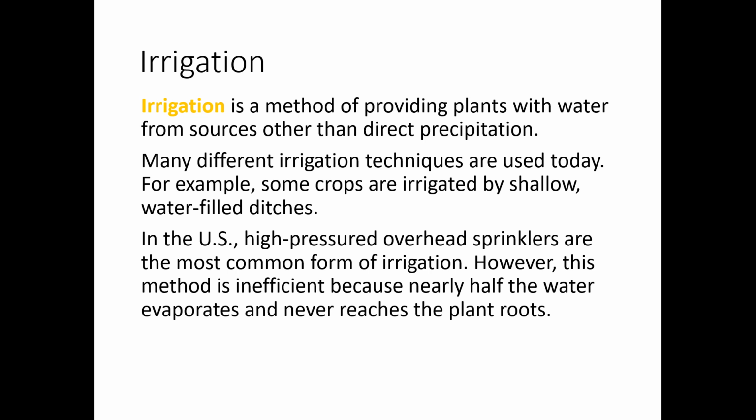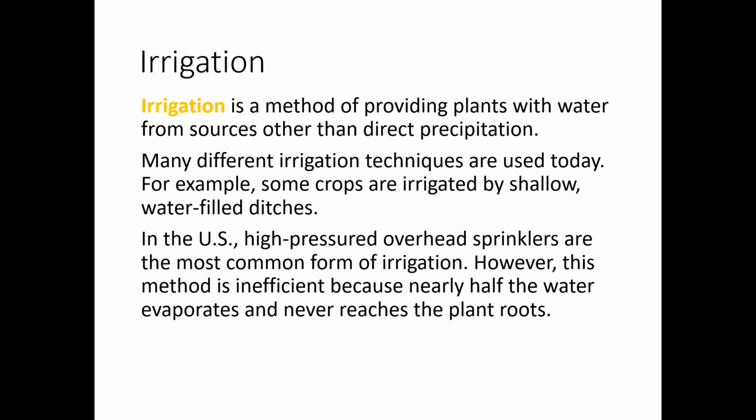Irrigation is some way of trying to provide plants with water. For plants in an area of the world where you don't have as much water, you take water usually from a river or something, and you build some sort of way to get that water to those plants.